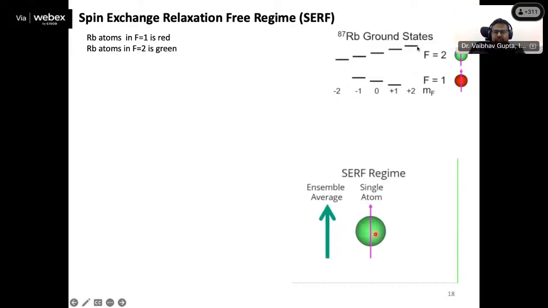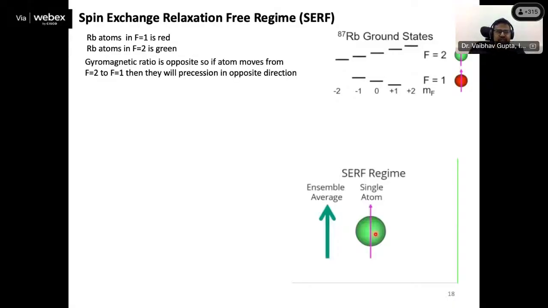Now what happens is that once something excites from this state to this state, or let's say from F2 to F1, then they change the direction of precession. If they were doing something like this, suddenly they will reverse and do something like that. So the gyromagnetic ratio is opposite.